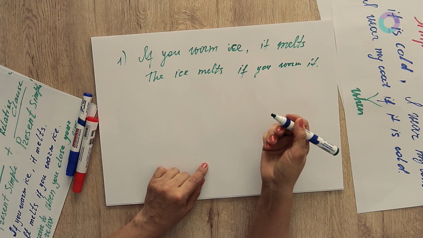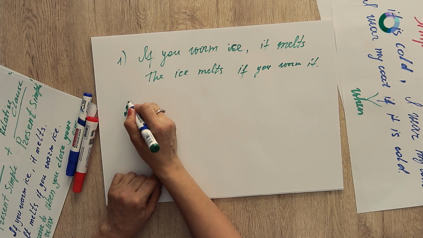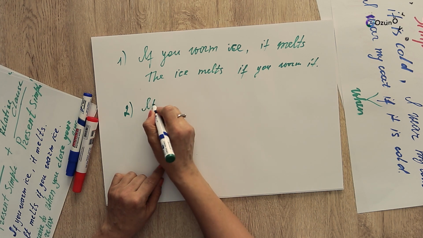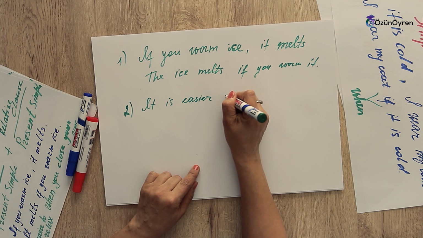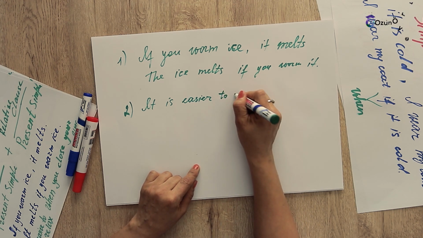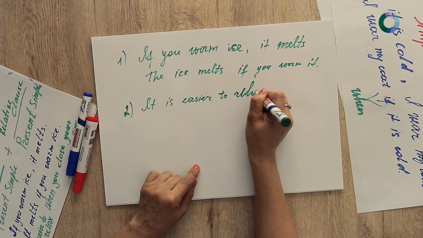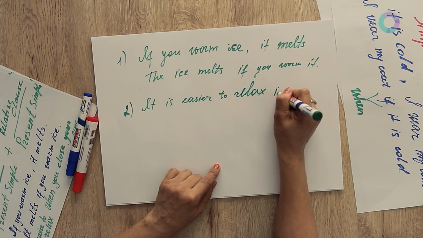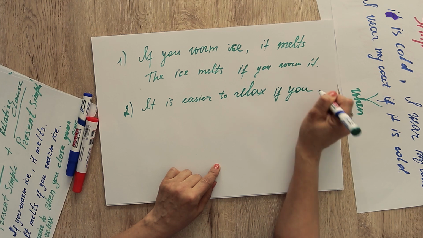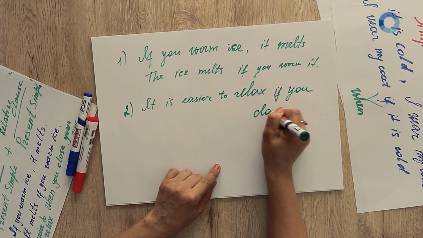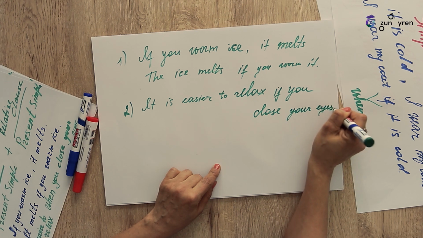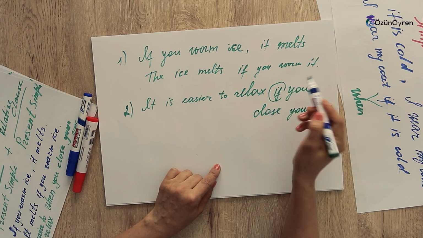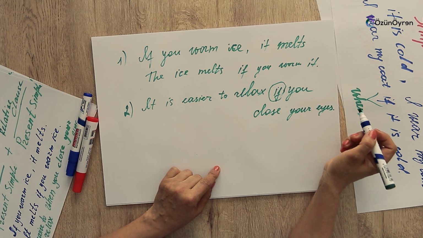Another example, it is easier to relax if you close your eyes. So here we use if in the center of the sentence.